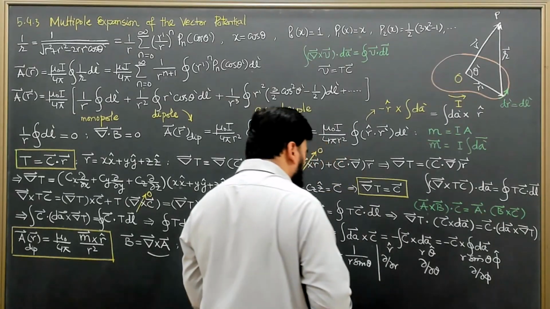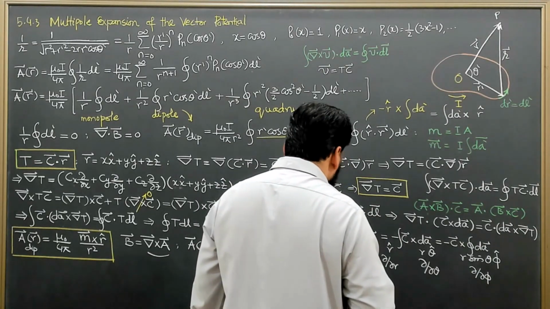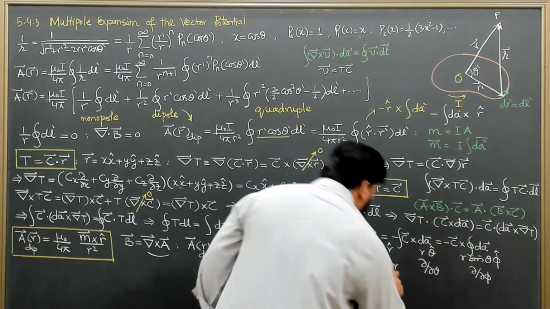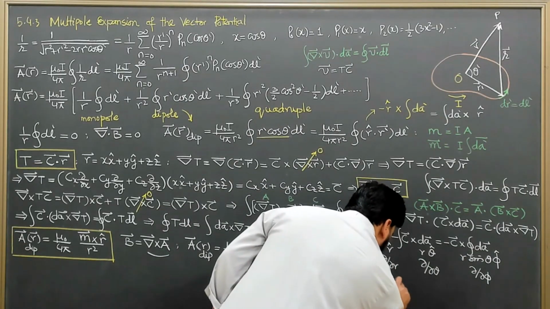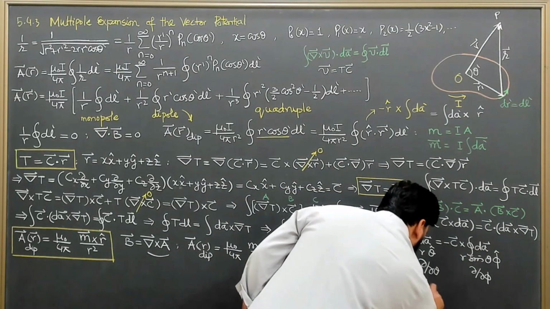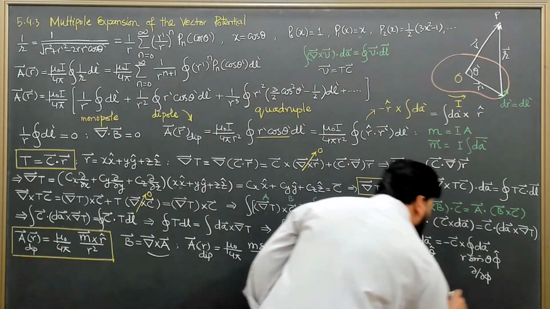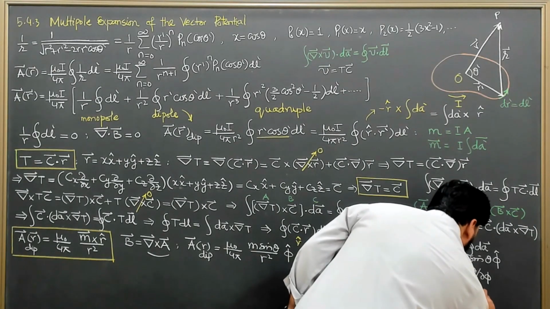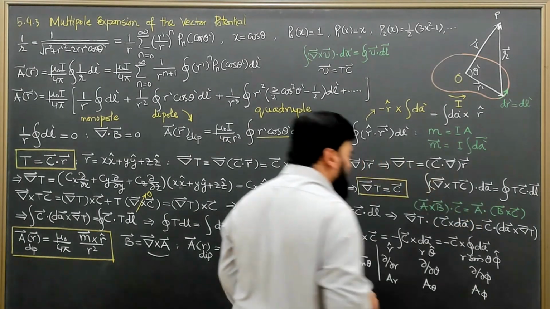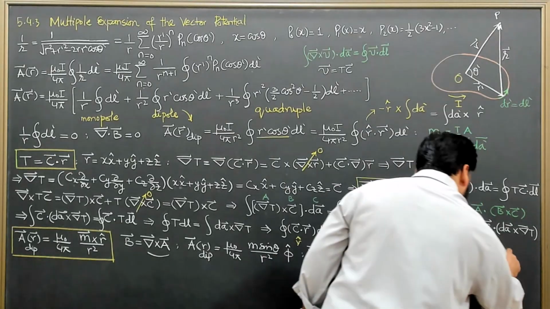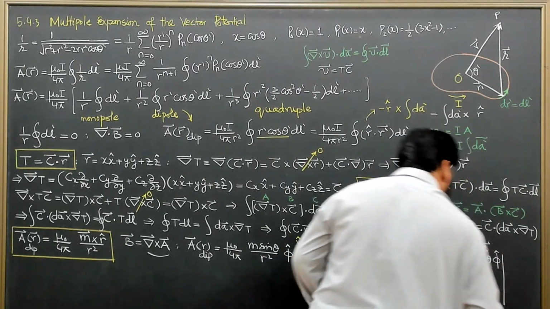And then for A, we have the radial component of A, the angular component of A, the zenith angle component, and the phi component of A, and we find this determinant.